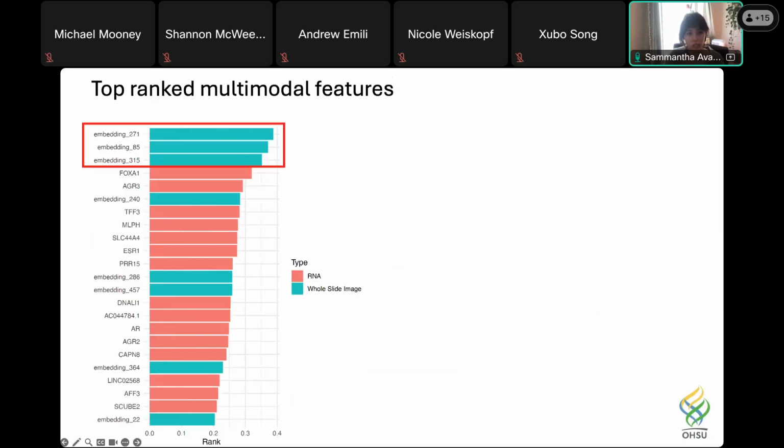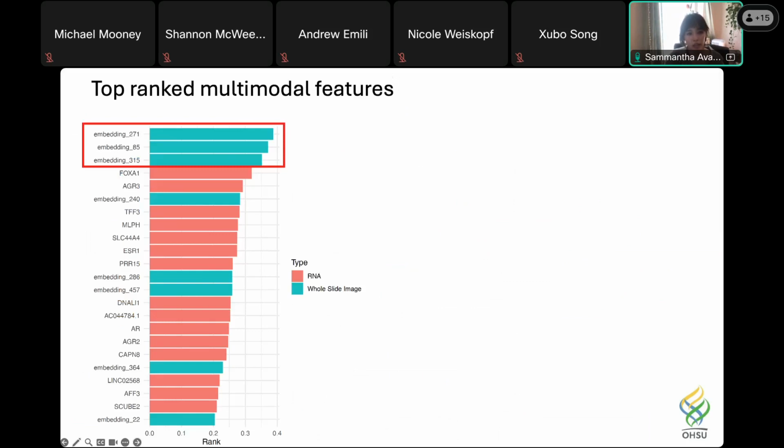And so seen here, we could see our top ranked multimodal features, where the features marked in blue are our whole slide image embedding features, whereas the features marked in red are the RNA features or genes. Interestingly, the top 3 features are whole slide embedding features.